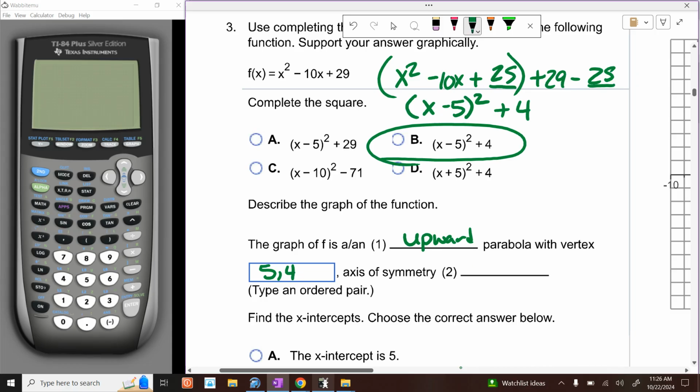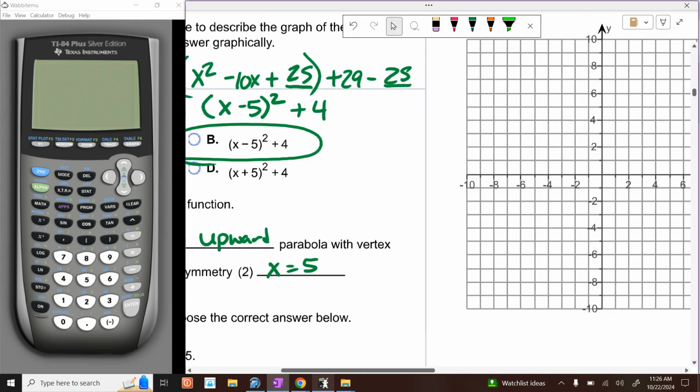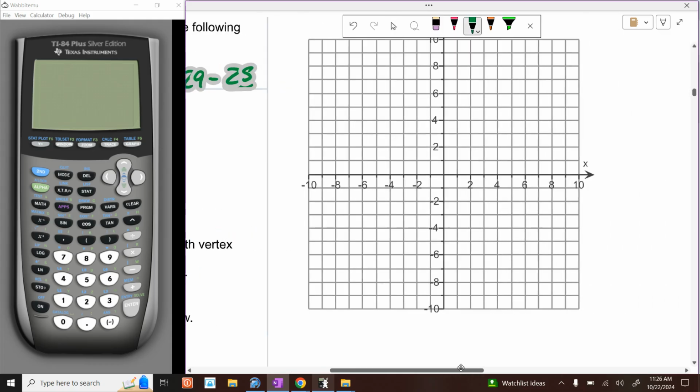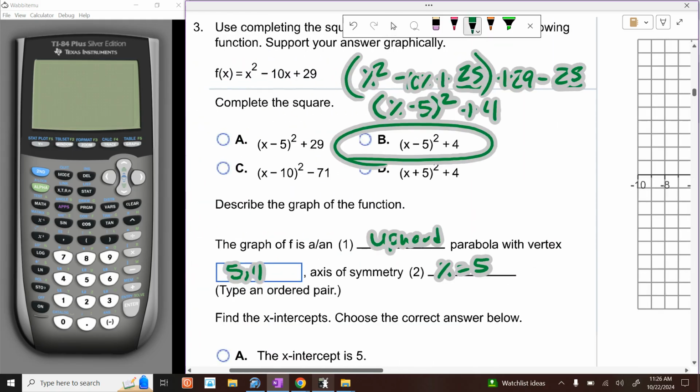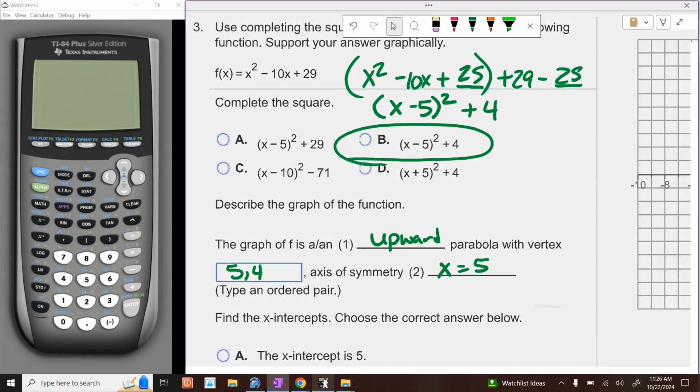It's an upward parabola. Axis of symmetry is x equals 5. So 5, 4, over 5 up 4. Its vertex is here. Now, does it have a first term coefficient? No. So its first term coefficient is 1.